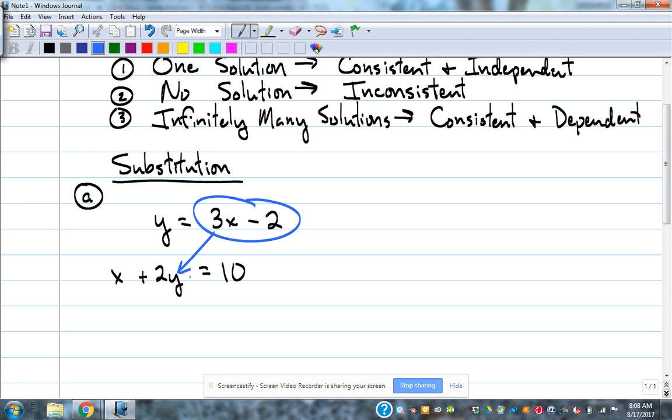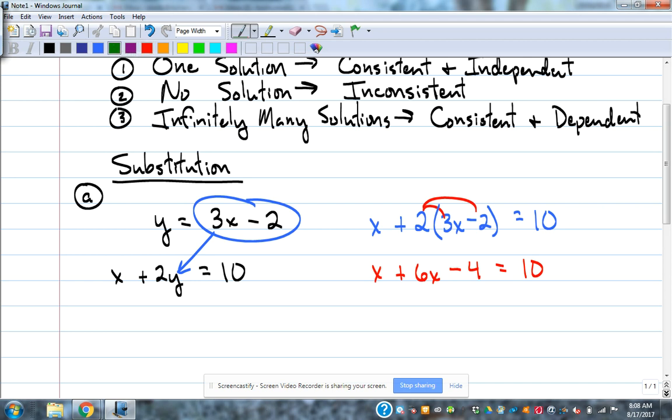So I'm going to replace that and have x plus 2 times (3x minus 2) equal to 10. And then we get a regular algebra equation to solve, something that we've done hopefully a lot of over the years. So distributing the 2, x plus 6x minus 4, and then solve it for x.